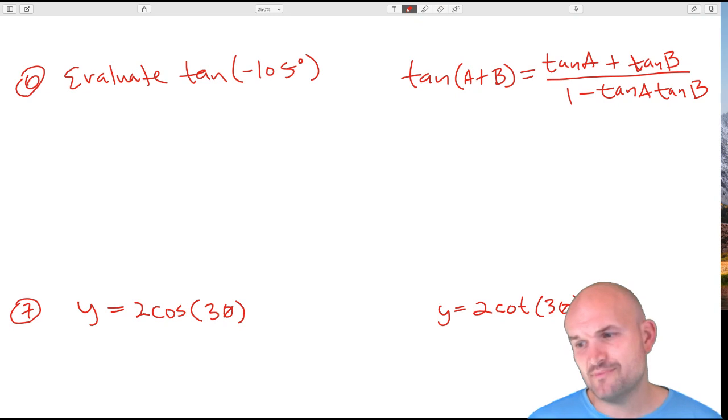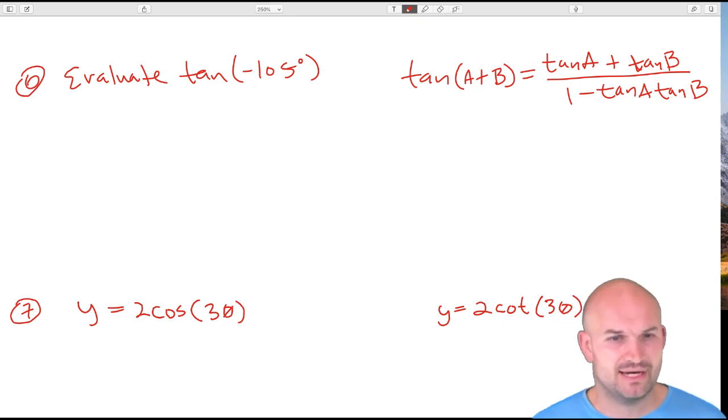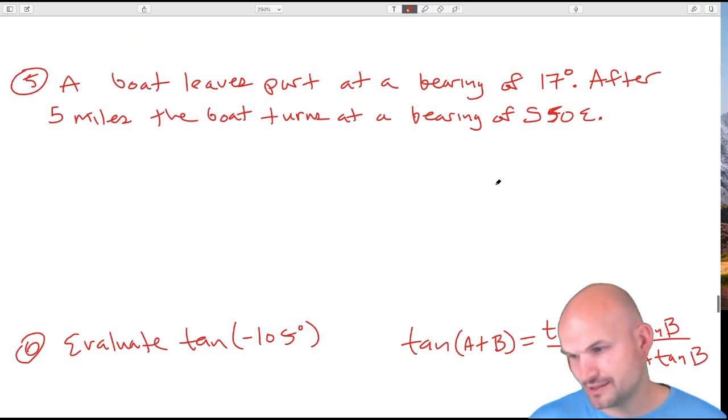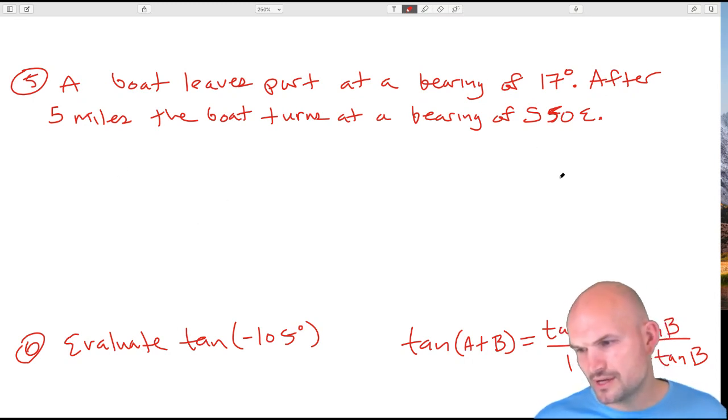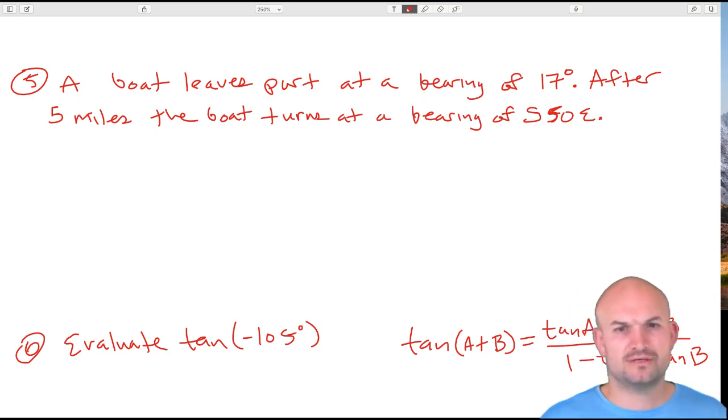I'm not going to be able to find the bearing, but I can definitely go ahead and help you at least get that one started, because I don't have a calculator. So you have a question, so I'll do mine over here.